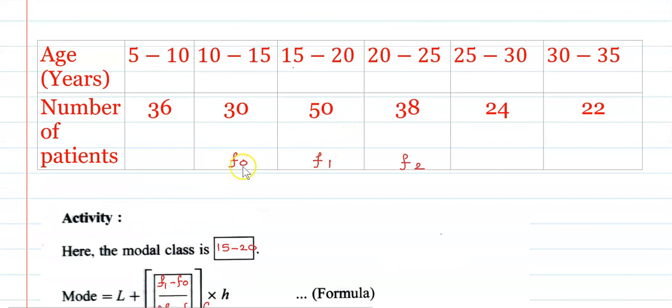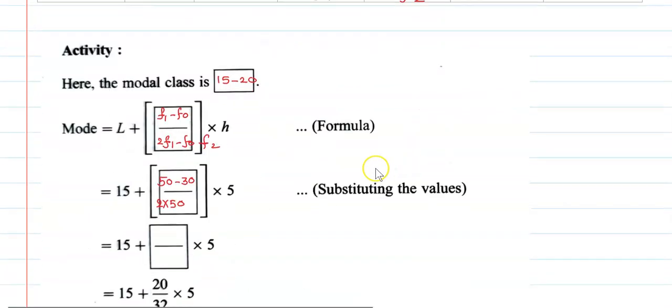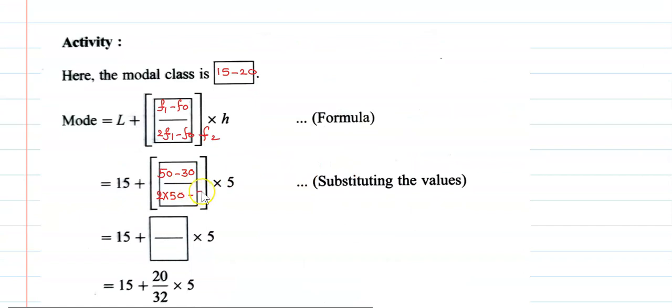F0 is 30, and minus 38. After the simplification, 50 minus 30, you will get 20. Here 100 minus 68, therefore you will get 32.